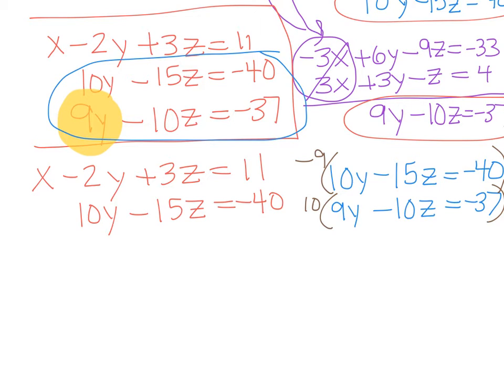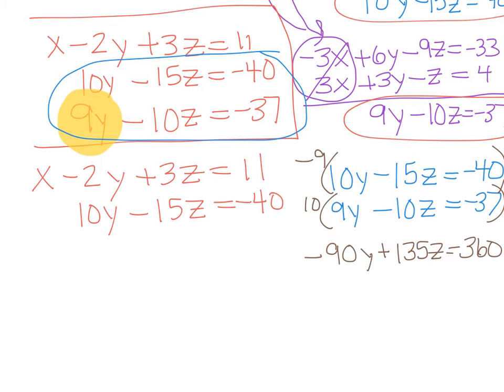So let's go ahead and do that. Negative 9 times 10 is going to be negative 90y. Negative 9 times negative 15 is positive 135z. Negative 9 times negative 40 is positive 360.